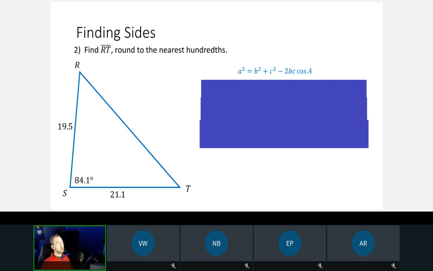RT with the bar over it is the name of the segment. Is that true, Chloe? Is it with the bar over it just the name of the segment? I don't think I've ever heard of that. RT without the bar is the length of the segment. Really? I'm going to fact check you.